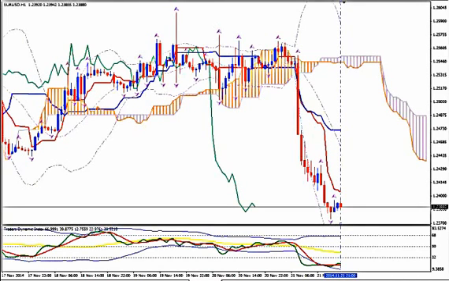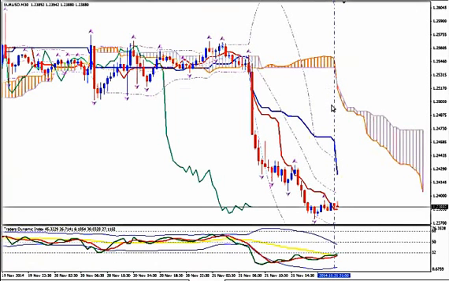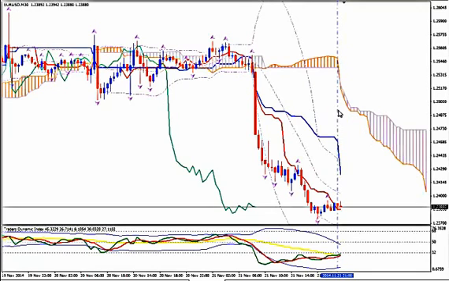We check it. We go now to M30, which is the smallest of the 4, and here we will wait patiently for a correction. We want to see a bullish correction, not just an upward move.